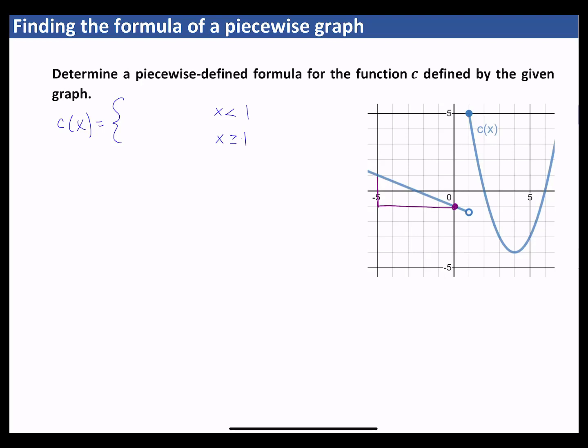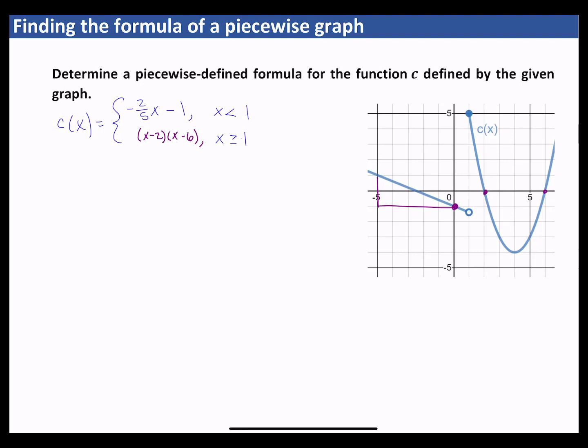Using slope-intercept form, we can write the formula for the linear piece as negative 2/5 x minus 1, and that will be defined when x is less than 1. Next, we'll focus on the quadratic piece of the graph. Notice that the x-intercepts are located at x equals 2 and x equals 6. We know the factors will be x minus 2, x minus 6.